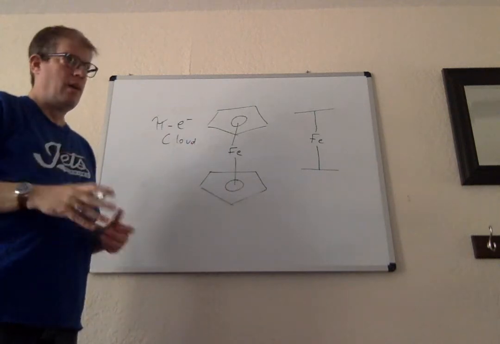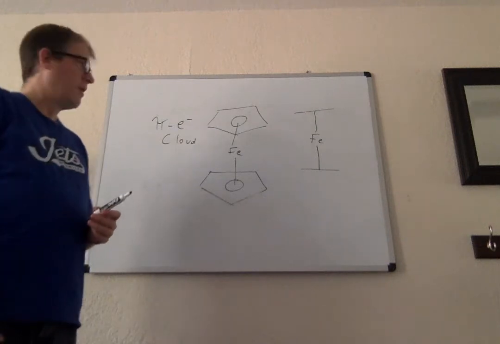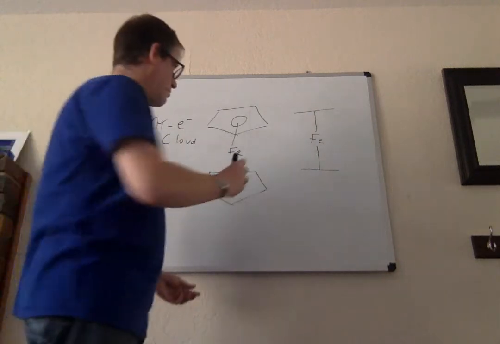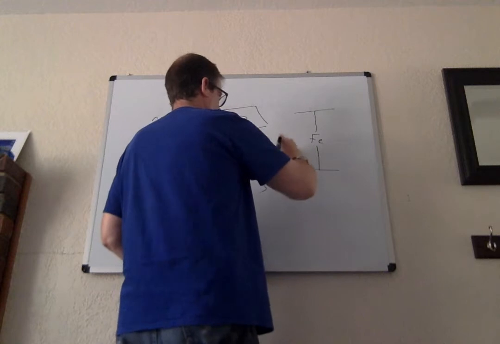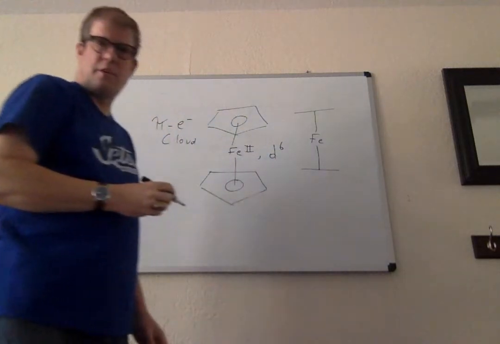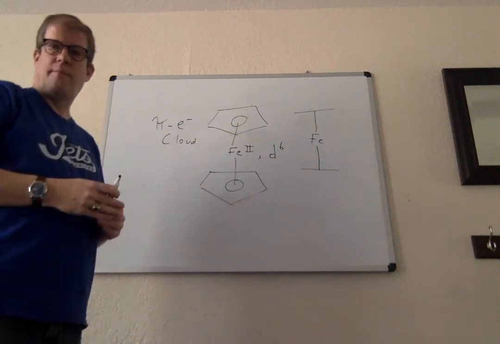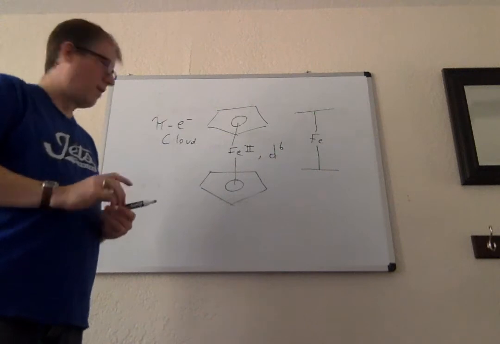Okay, so this is, again, a little bit odd, but we already ascertained that this is iron 2. And if you look at your periodic table, you start with 8, you lose 2, you get 6. It's a D6 configuration, which is very common for iron.